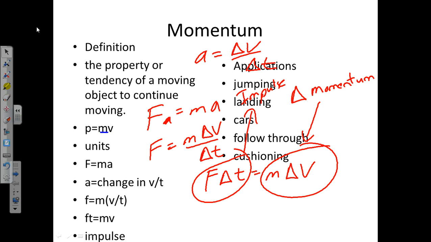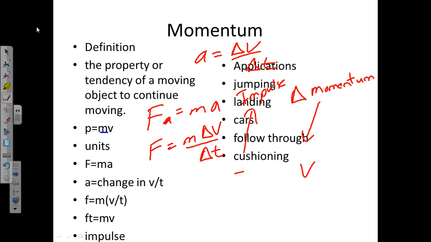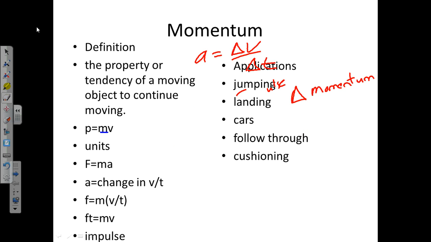And it has a lot of applications. For example, let's say that you jump off a porch and you're falling really fast by the time you get to the ground. If you hit the ground with your legs straight, you're going to stop essentially instantaneously. Which means, let me put it in a formula.